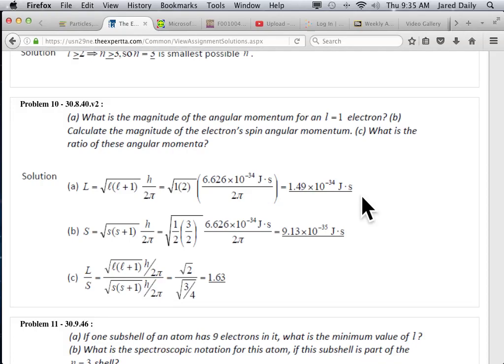And then they want to calculate the magnitude of the electron's spin angular momentum. Well, if you have little l equals 1, then little s can only equal, let's see, what I wanted to do is show you the charts for this really quick. Let's go to our book.